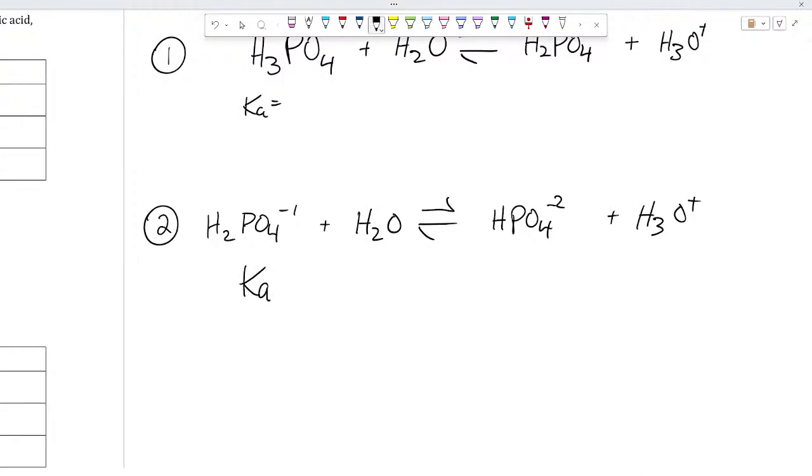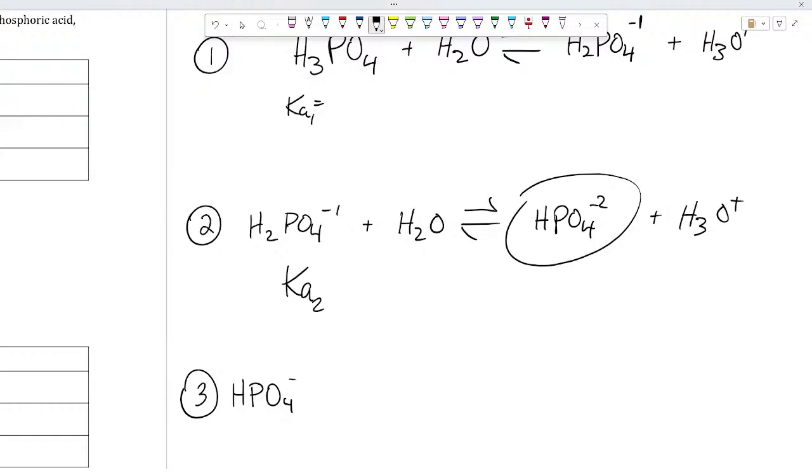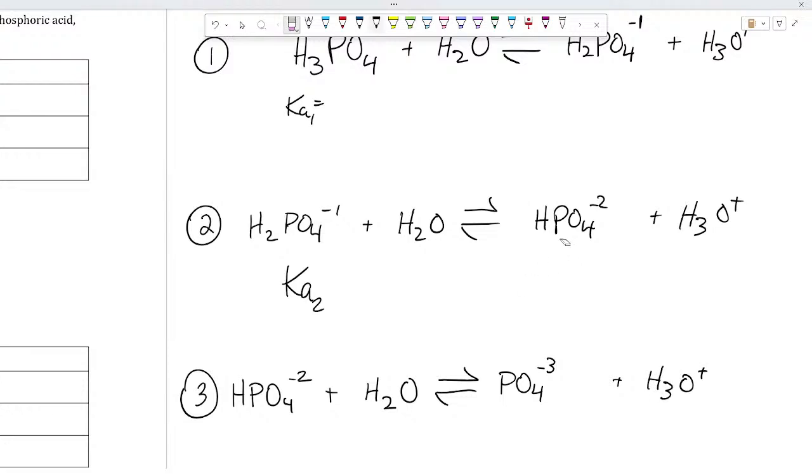It has its own Ka value, but it gets worse because, what about the third one? It still has another hydrogen, so it can react with water. And what will it form? PO4 negative 3, and H3O+. Now, here's the good news.